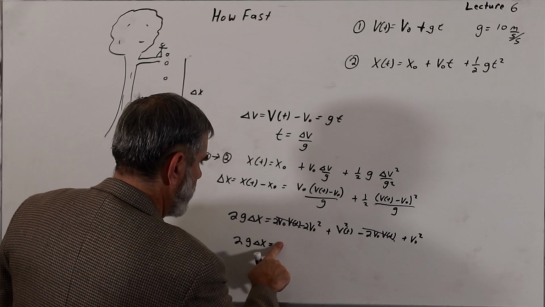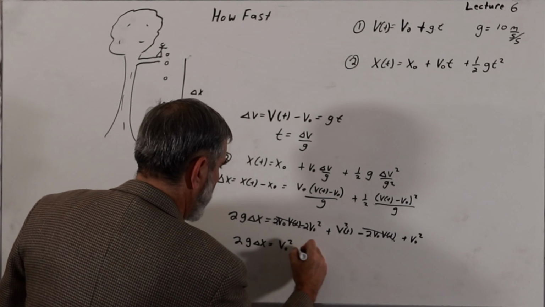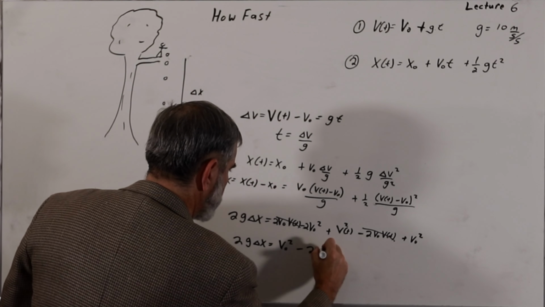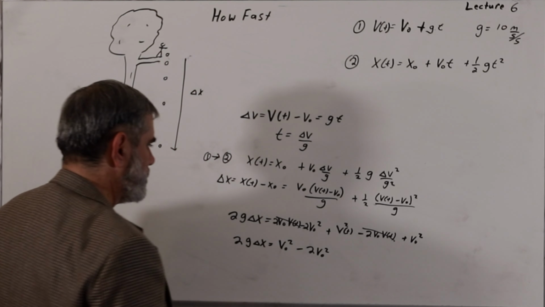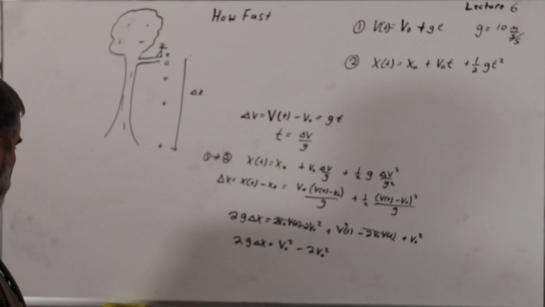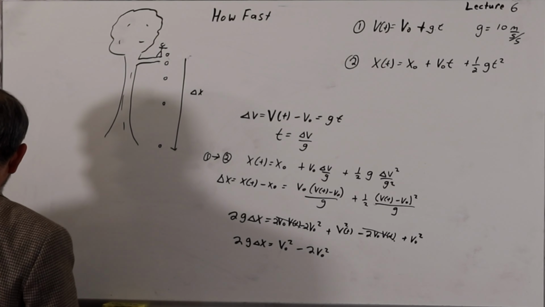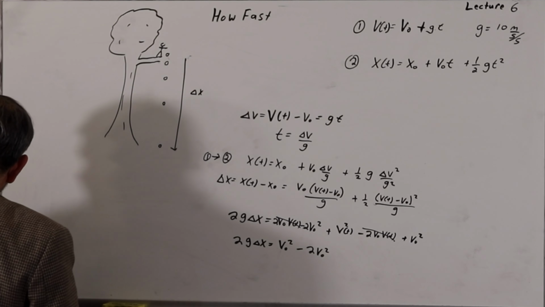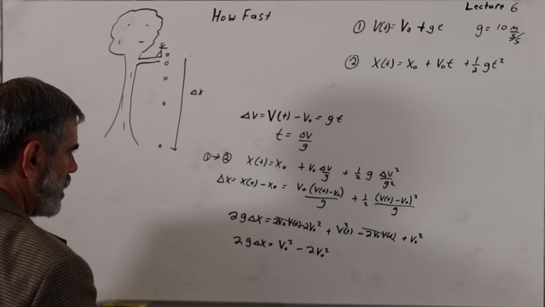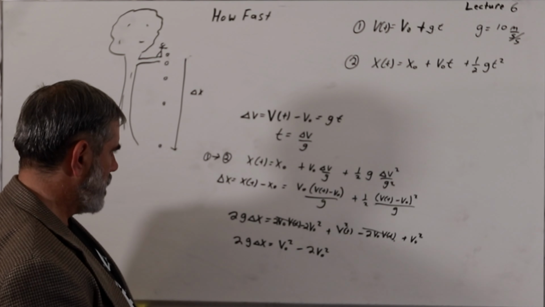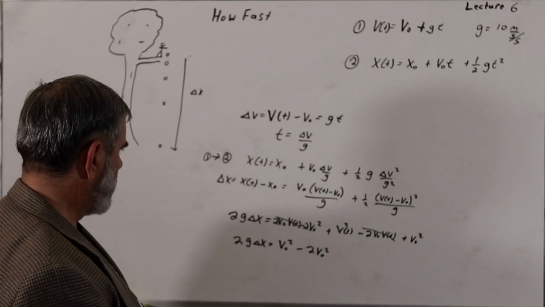minus, well, let's do it this way. Let's do v naught squared minus 2 times v naught squared. And I think that is close to what I want. Let me just check something. Do I have a factor of 2 out of place? Yes, I do. Where did I get this factor of 2?